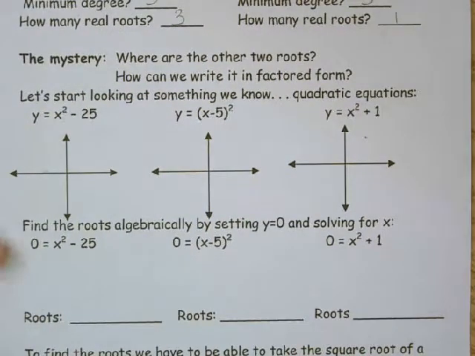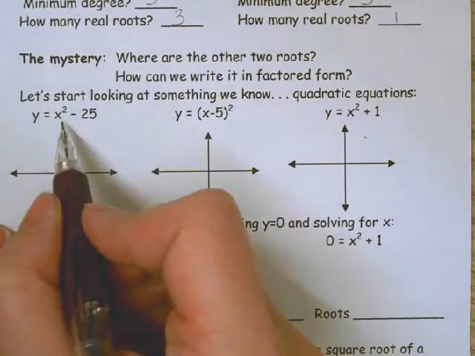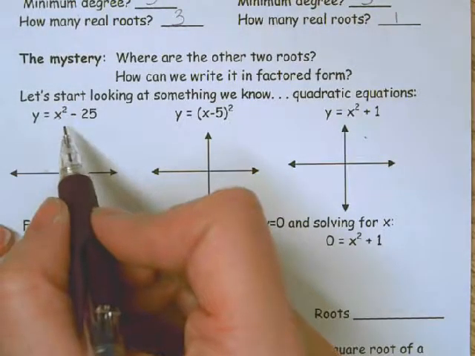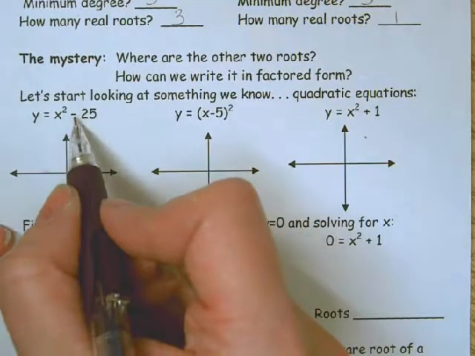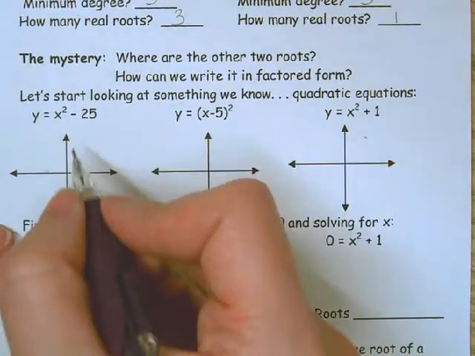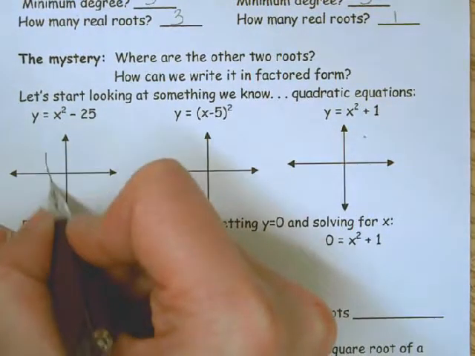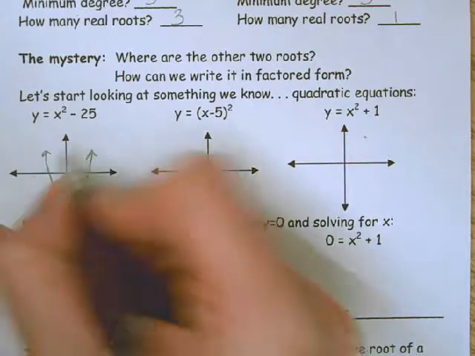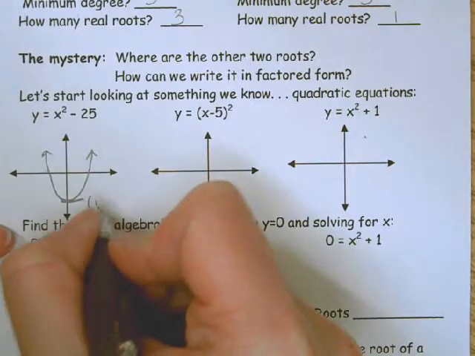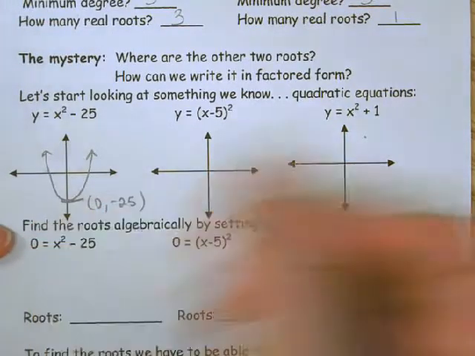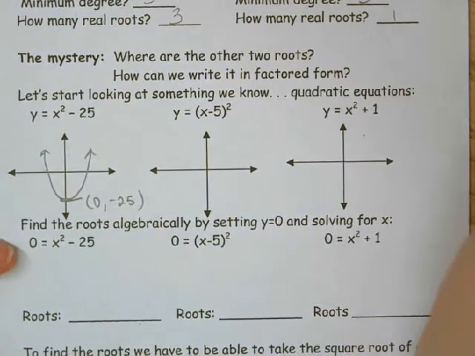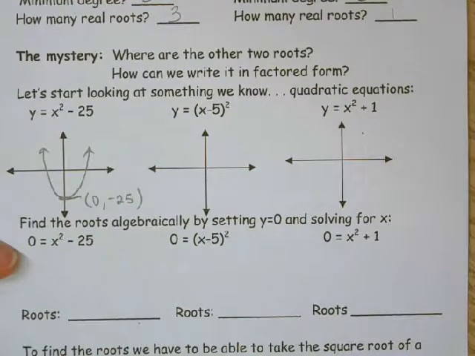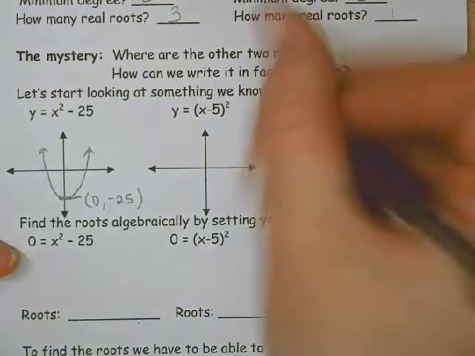So if I look at these 3 different equations, think back to your x minus h squared plus k form of your parabola. If this is x squared minus 25, that is a k of negative 25, which means our parabola is down with a vertex of 0, negative 25. If I have x minus 5 quantity squared, then that is going to be shifted 5 to the right.